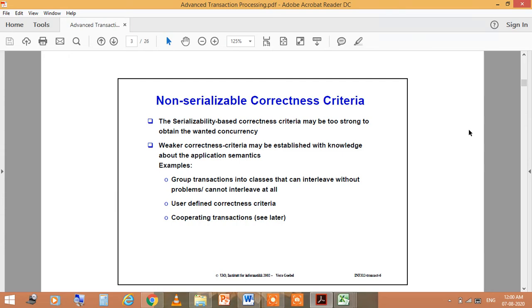Weaker correctness criteria may be established with knowledge about the application semantics, and the examples are group transactions into classes that can interleave without problems, or cannot interleave at all. The next is the user defined correctness criteria, and cooperating transactions we will cover later.